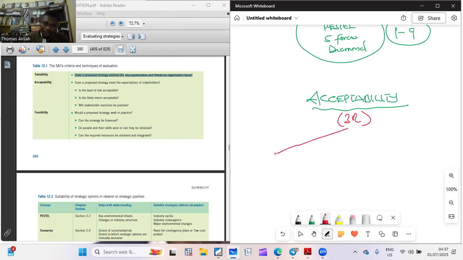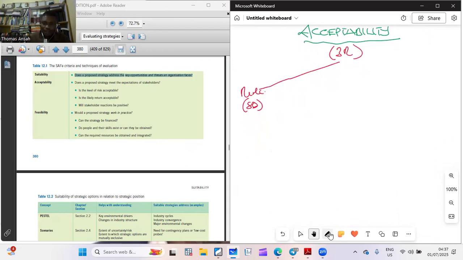Number 1 is the risk. So you'll be doing risk, which means standard deviation. And risk sometimes involves risk management, foreign exchange risk, interest rate risk, and all those things.